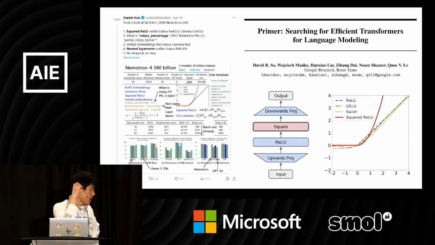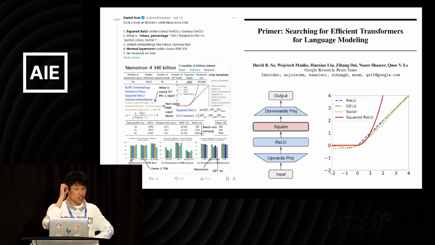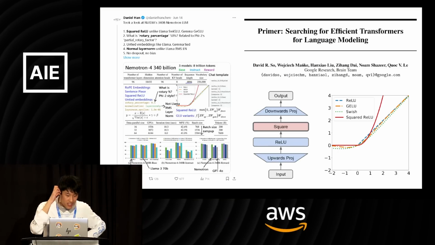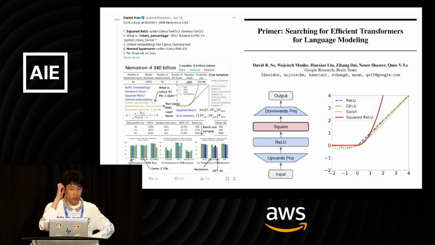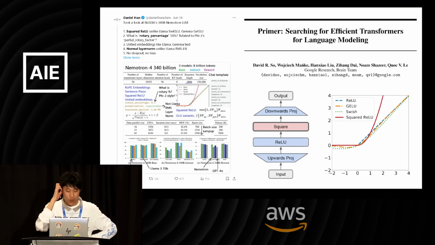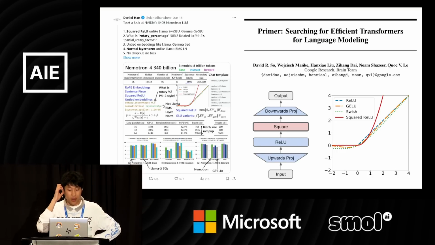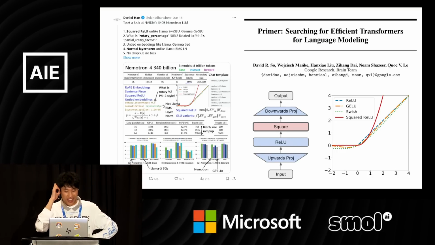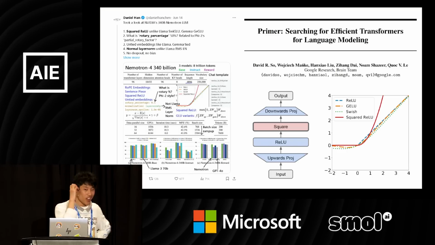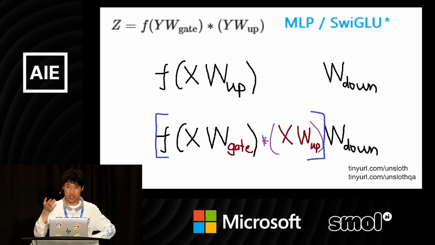But there is a new, the Nemotron paper, for example, the Nemotron, the new model by NVIDIA, did not use GELU, and instead they used squared ReLU, right? And they showed that you don't actually have to do GELU anymore. You can just use squared ReLU, and it seems to do okay, although it remains to be seen if it actually is good. But yeah, so they showed that if you do squared ReLU, you can essentially go back to the GPT-2 architecture, right?